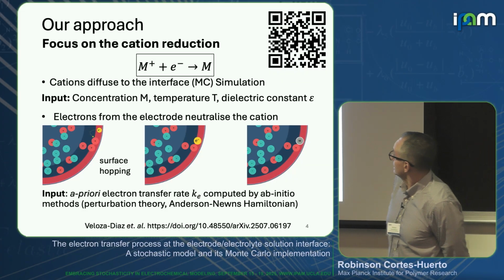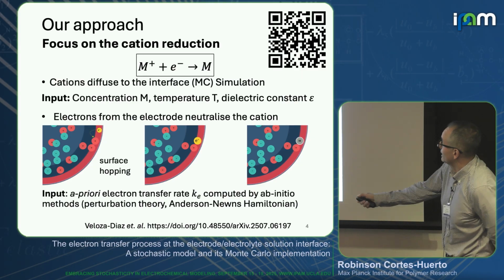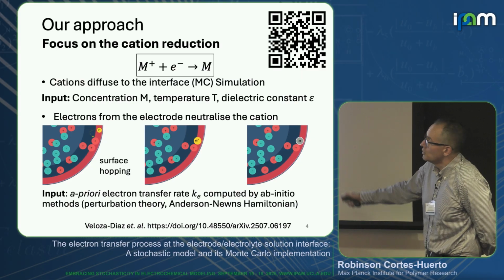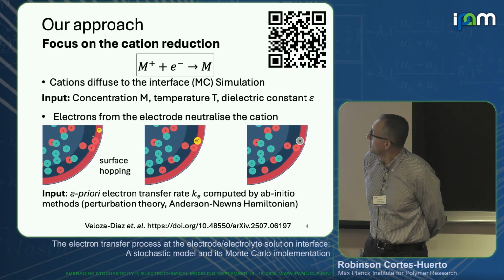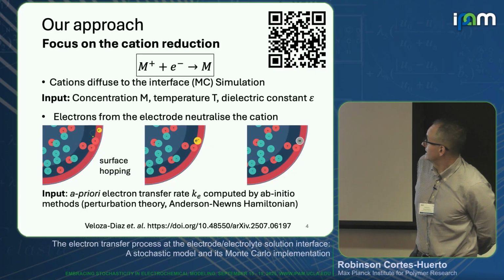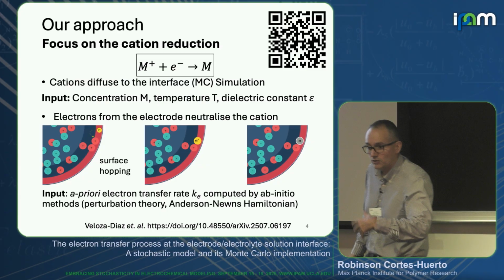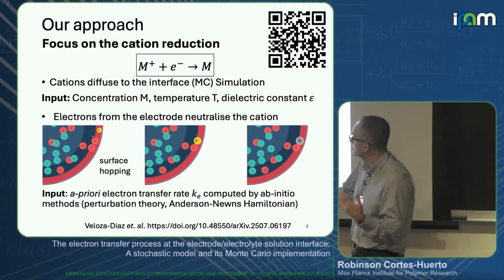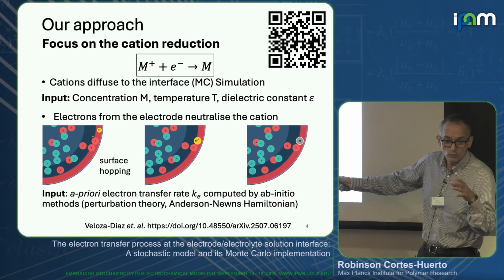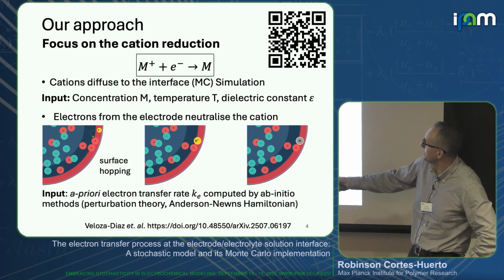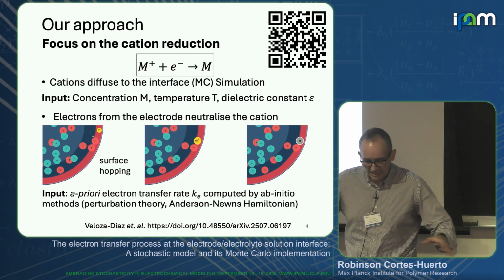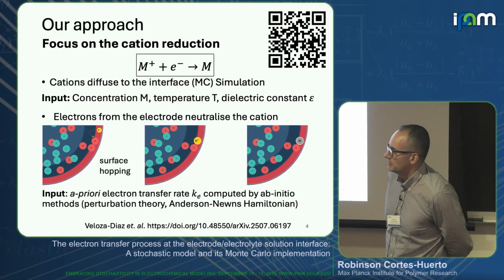The input parameters or state variables for our simulation are the concentration of ions, the temperature of the system, and the dielectric constant, because we would like to have an implicit solvent model. In this case, we consider water, and these ions are diffusing in this implicit solvent model for water.